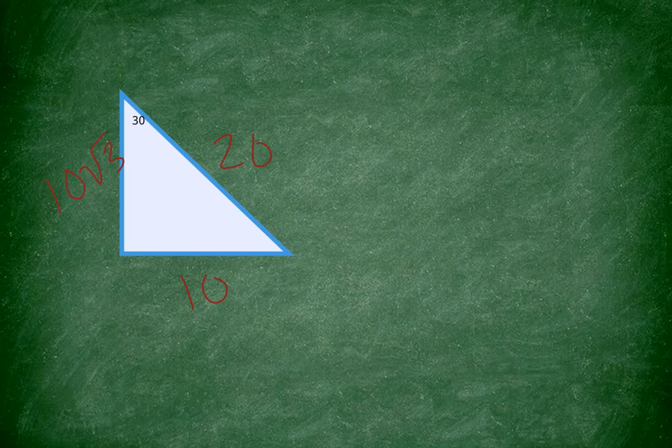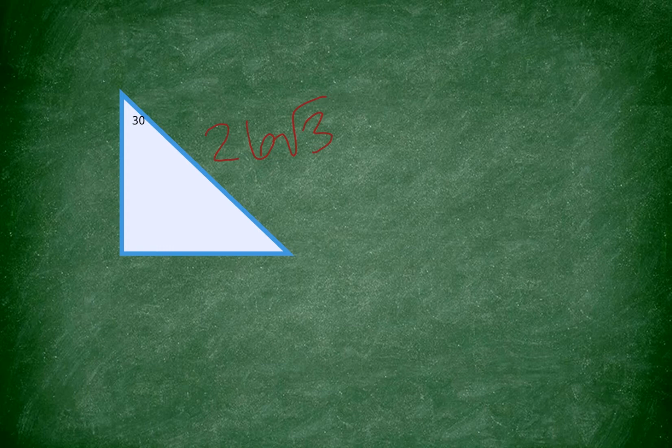What if I was to give you 26 square root 3 as my hypotenuse? How would I go about solving that?